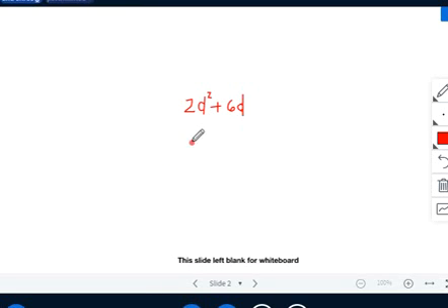So it will be 2 in bracket, then d plus 3. Only 3, not d. If you divide 6d by 2d, what do you get? Only 3. So that's how you have to factorize this.